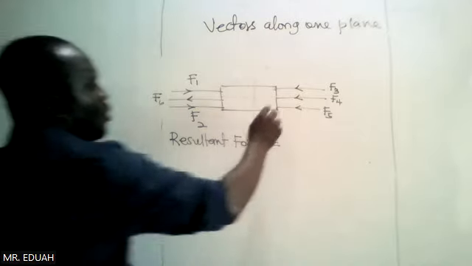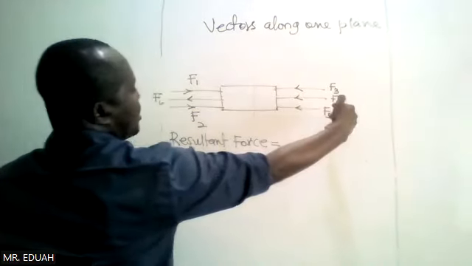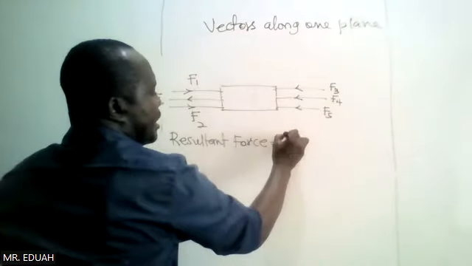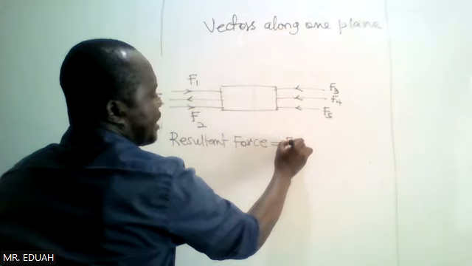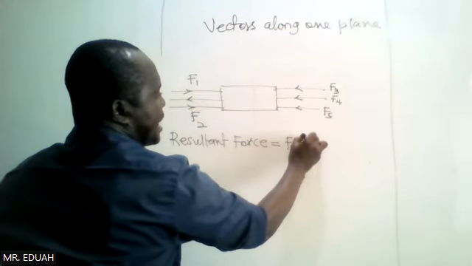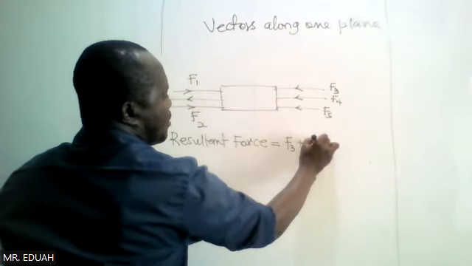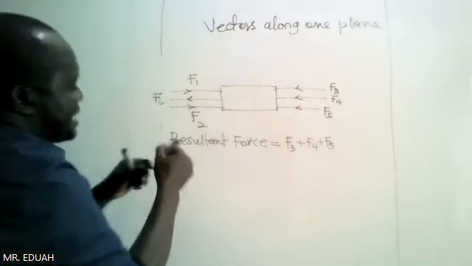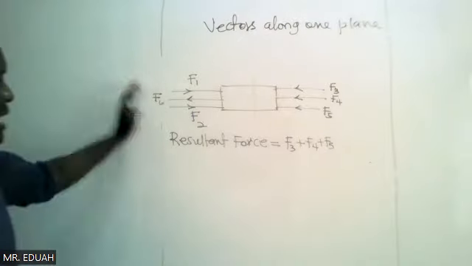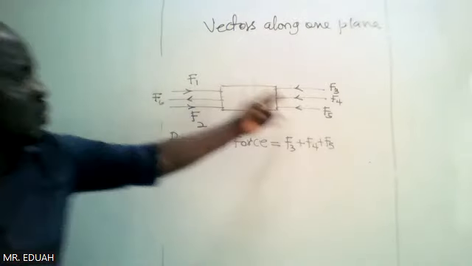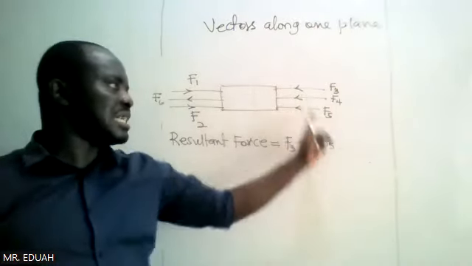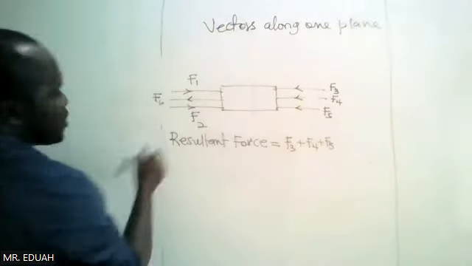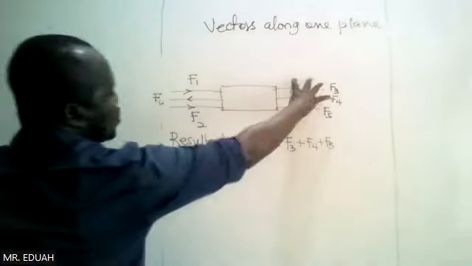So all these are going due west. So I'll sum all of them up: F3 plus F4 plus F5. When I look at the other end, F6 is also in the same direction as these forces, so I add F6 to these ones.